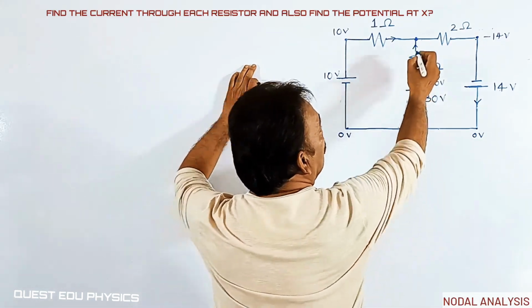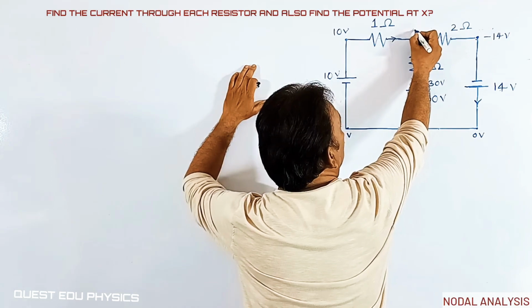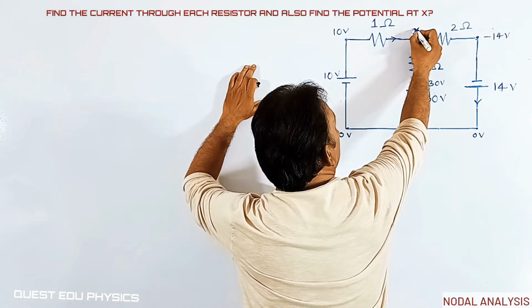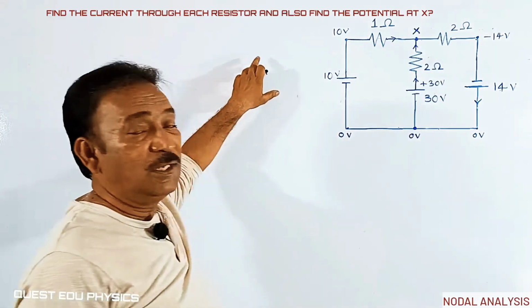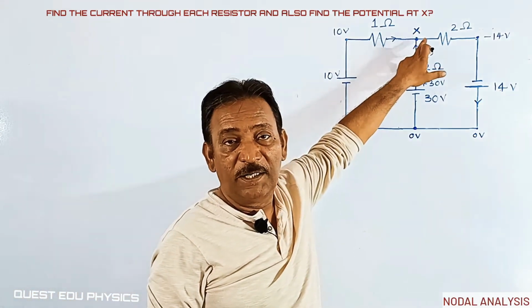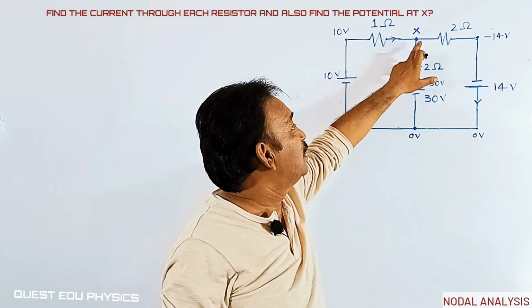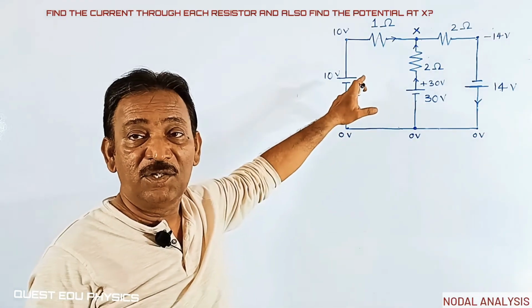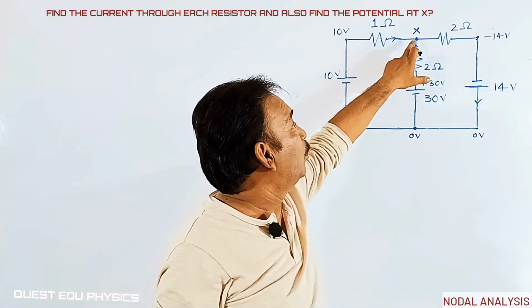Here I am considering a point where the potential is X. To solve this circuit, we have to know the potential at this point. By taking it as the reference and using the Kirchhoff law, we can find out the potential here.